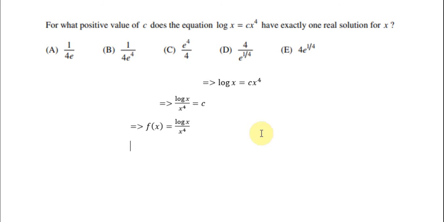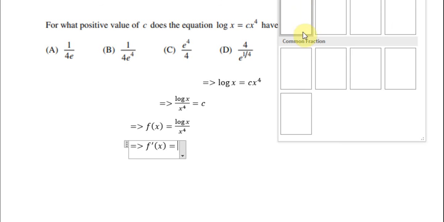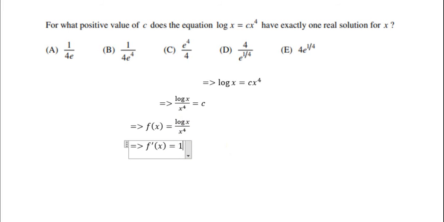The first thing we will do is the first derivative. The first derivative of logarithm base e of s, you get 1 over s power 5.